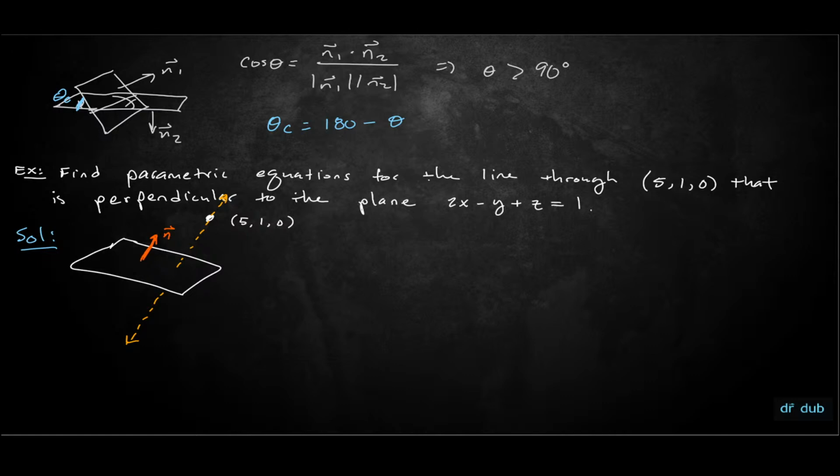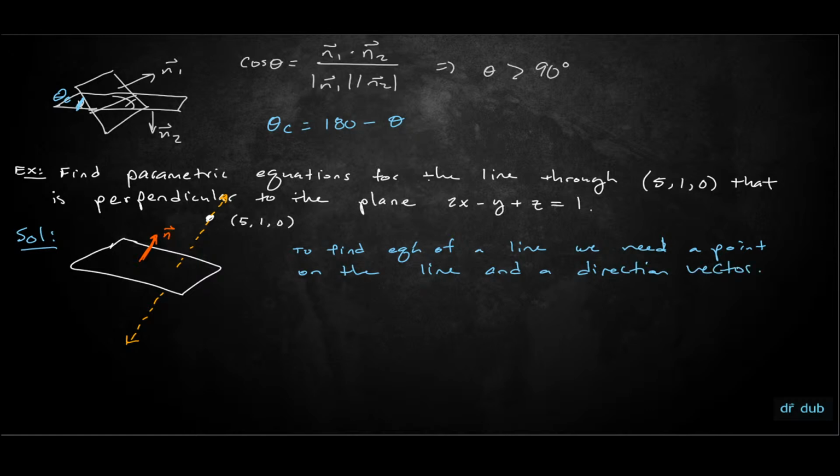So to solve this problem, we need to find the equation of a line. To find the equation of a line, we need a point on the line and a direction vector. Right, so to get a line equation, we always need a point on the line and a direction vector.